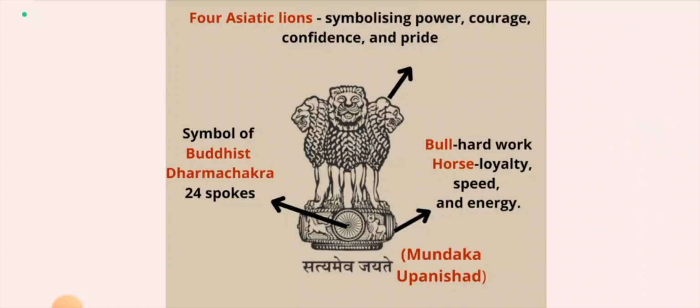Horse shows loyalty, speed and energy. Satyameva Jayate is written in the base. It is taken from Mundaka Upanishad. Satyameva Jayate, truth alone triumphs. So, this is the national emblem of India.